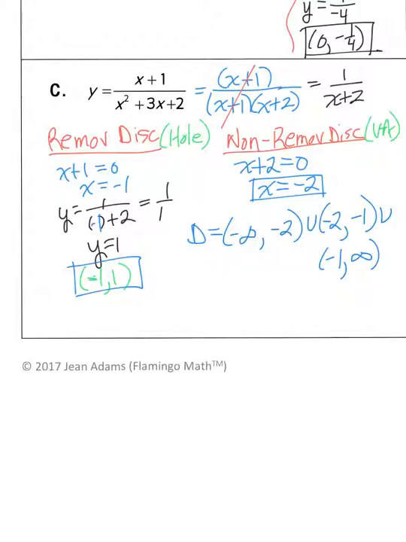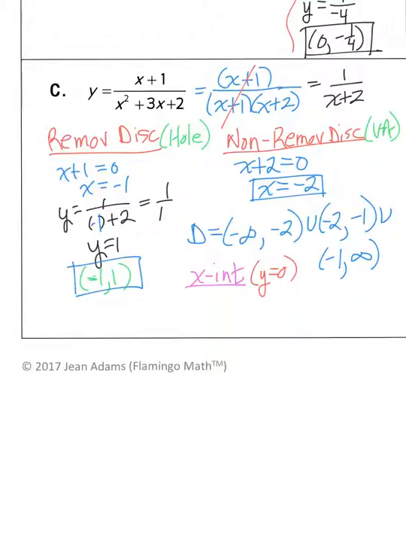The only thing that's left is our x and y-intercepts. So let's look at those. So my x-intercept, I am going to let y equal 0. You can find your x and y-intercepts in either the original or the new equation.